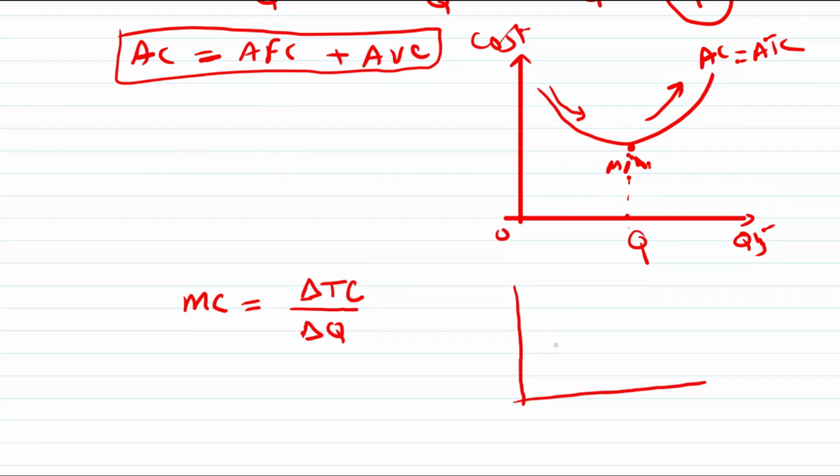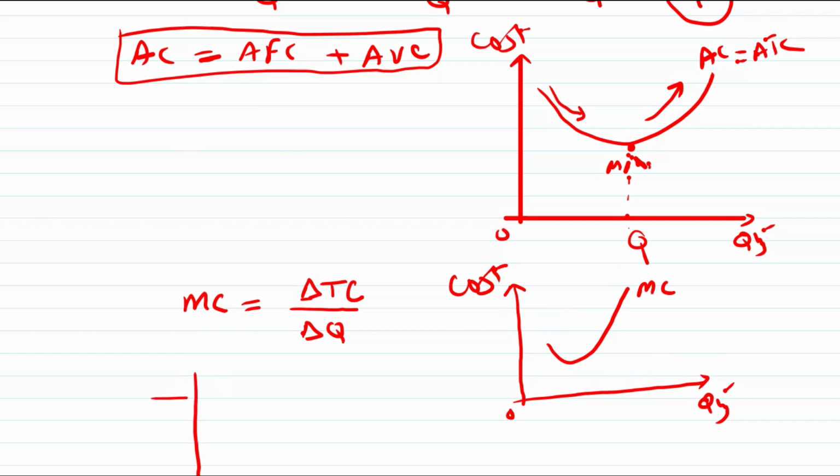If you draw the graph of marginal cost, it looks like a hockey stick, for example, like this. Again, we have quantity on X and cost on Y, and the marginal cost curve is like a hockey stick. So how do we calculate marginal cost? We can look into a simple example.